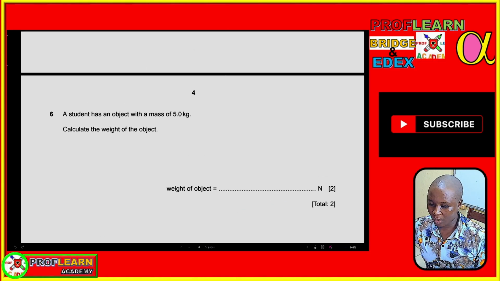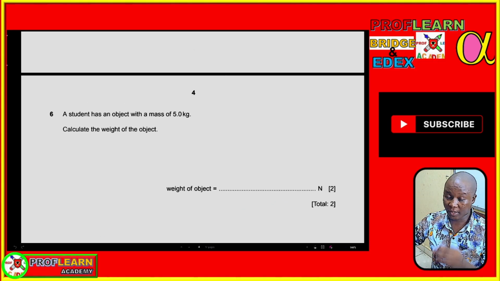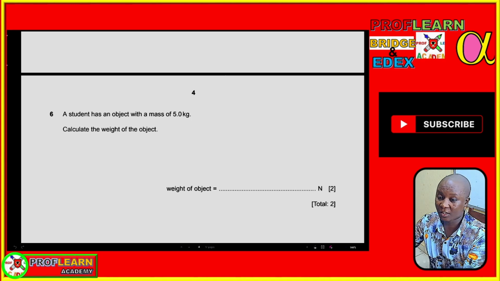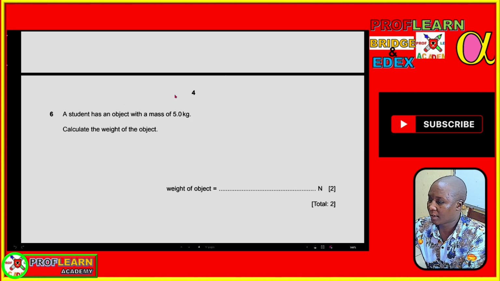Another area that you must understand as far as general physics is concerned is the concept of mass and weight.